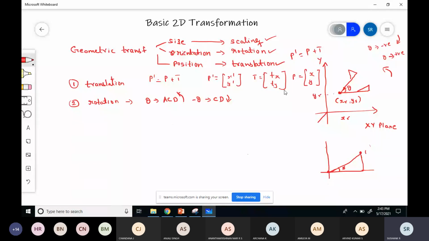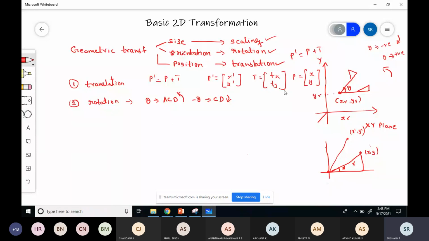Initially the point is at x comma y, and the distance is r. The distance from this point to this point is r, and you want to rotate this point to a new coordinate x dash comma y dash by an angle theta.